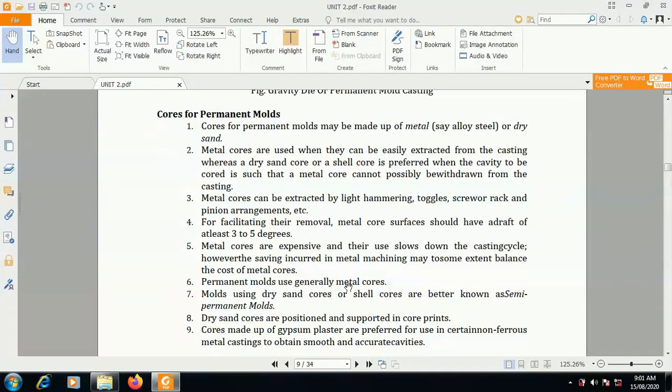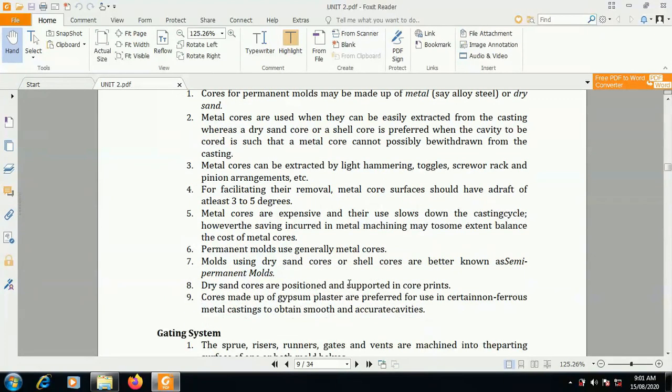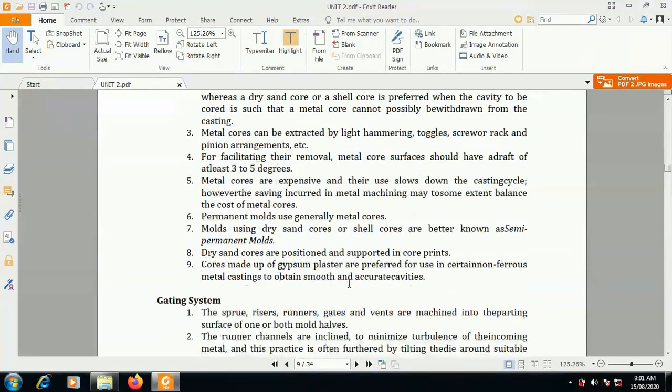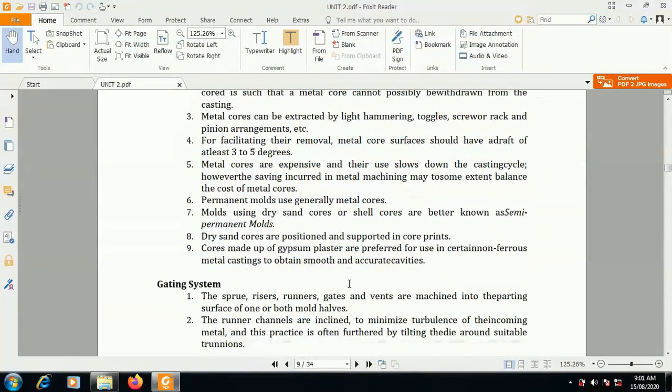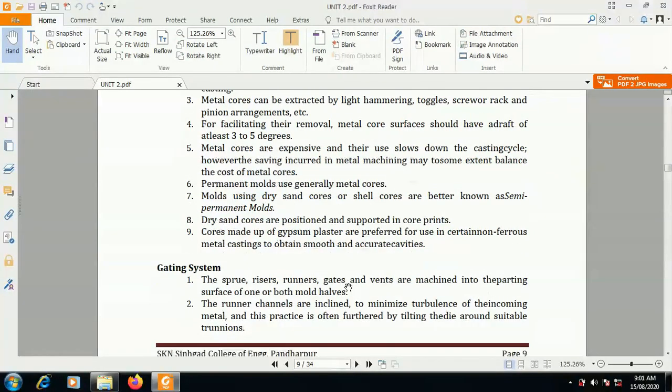In the semi-permanent mold casting process, the cores are made up of sand, and that core is removed by breaking, and metallic cores are removed from the solidified casting just by hammering or by using a screw rack or toggles. Just by light hammering you can remove the metallic cores.